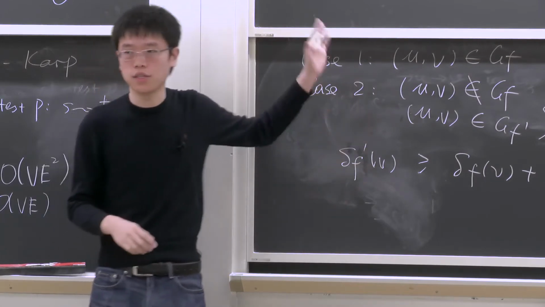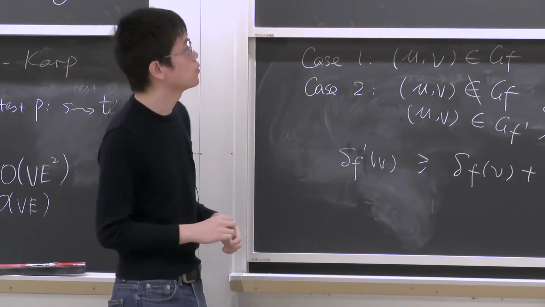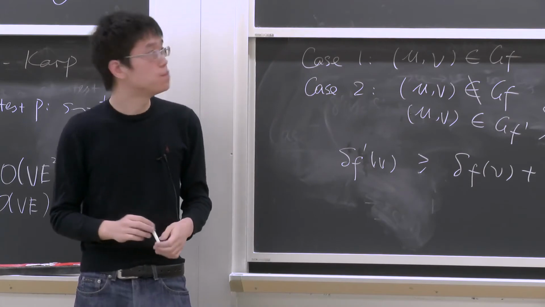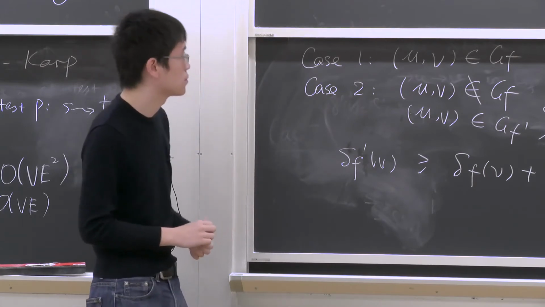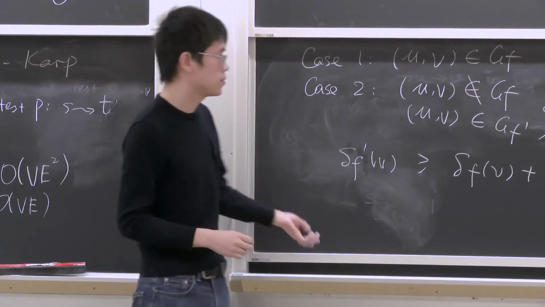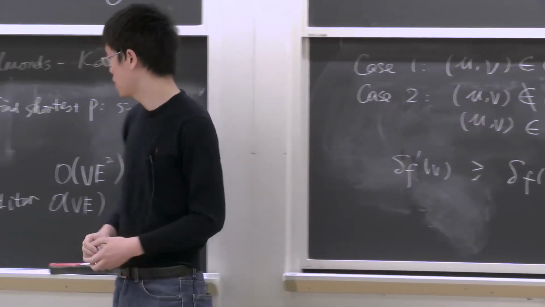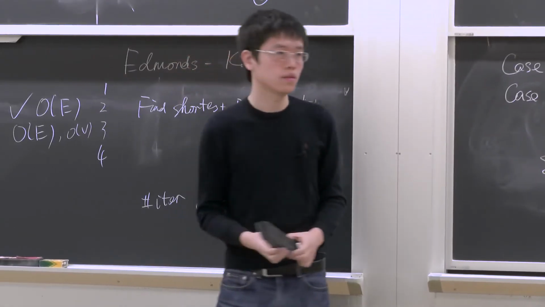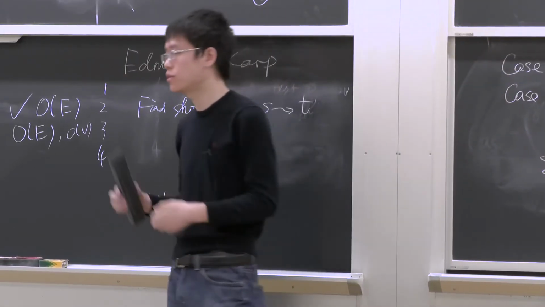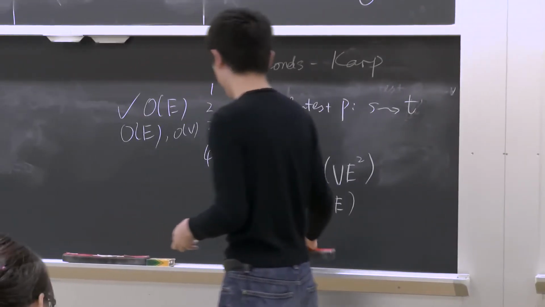So it's also a contradiction to what we assumed. Okay, so that proves our lemma that every node's delta monotonically increases.